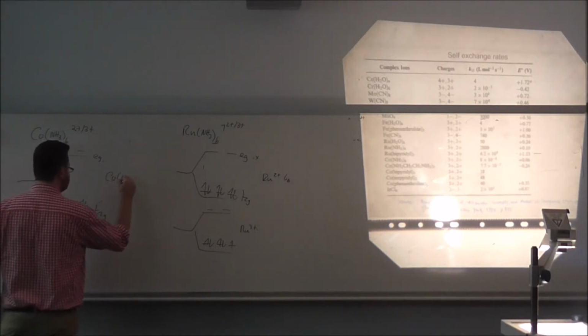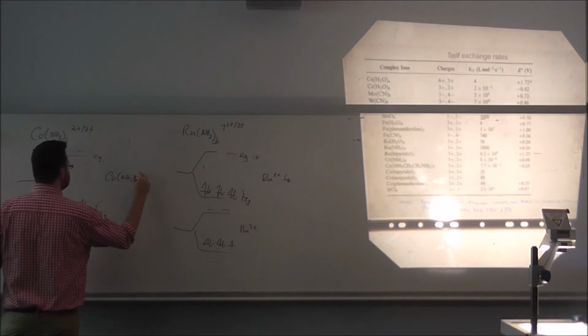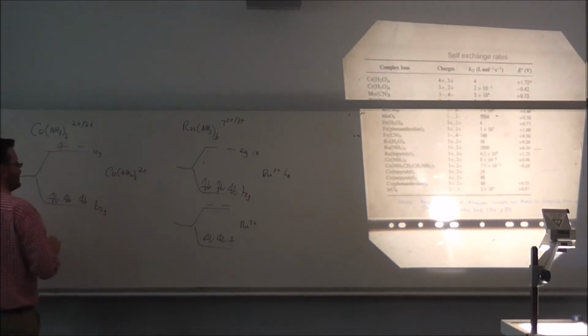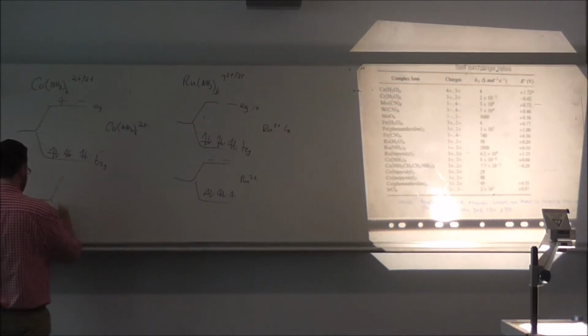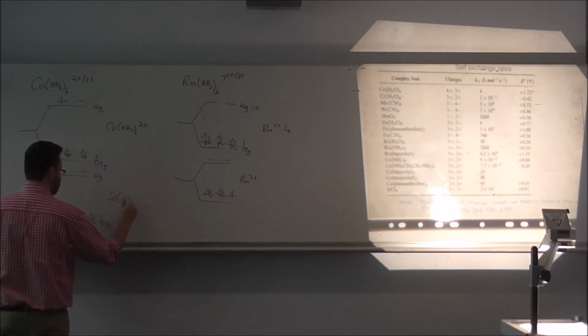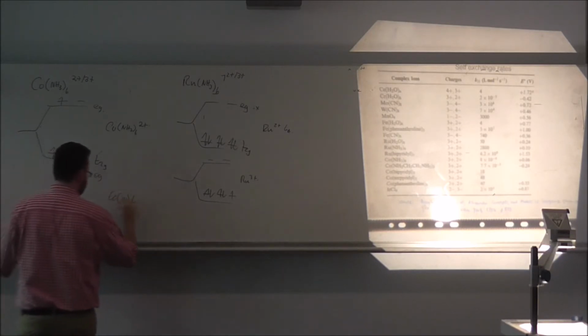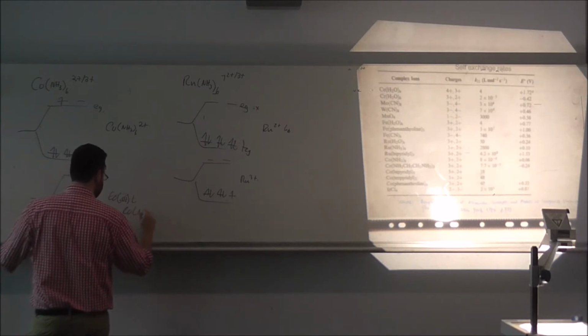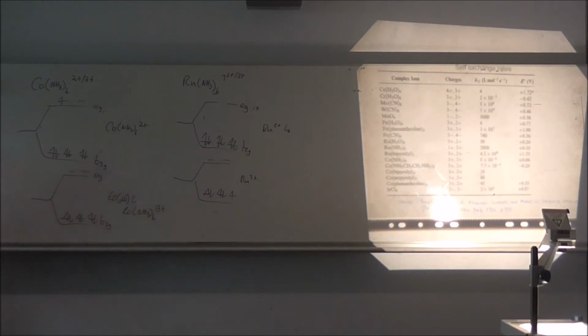Exactly. So this is cobalt NH3 6 2 plus and cobalt NH3 6 3 plus, which has that electron configuration.